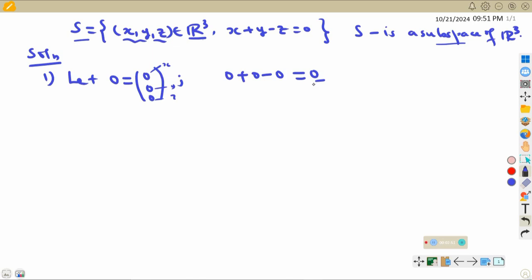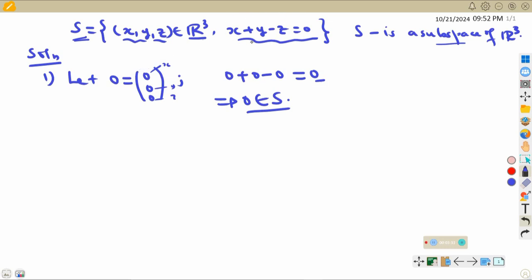And if this one holds, then clearly this as well holds. Because you have the x component which is 0 plus the y component which is 0 minus the z component which is 0, and you are getting a 0, which means that this 0 we are talking about is actually an element from this given set. Therefore, this implies that 0 is an element of S, because 0 satisfies the condition which is satisfied by any x, y, and z picked from R3.